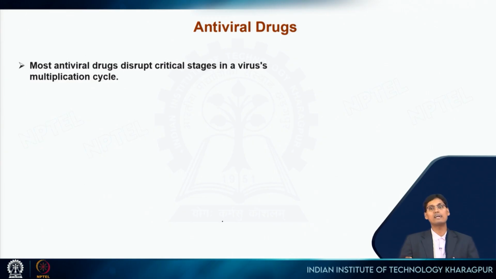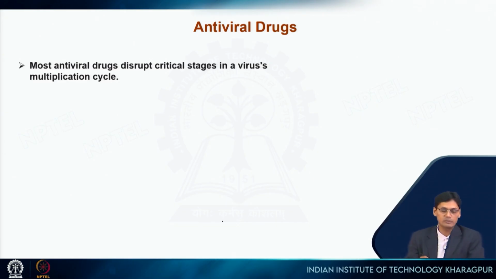But mostly they are utilizing host machinery, and that is the problem in targeting viruses compared to bacteria, right? So this is a little bit challenging for us, to target viruses and to combat them.